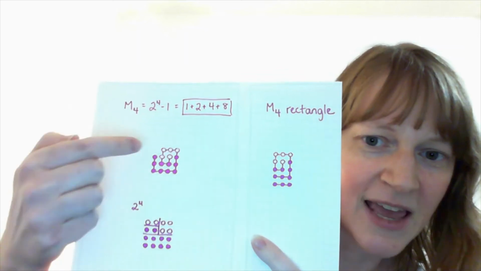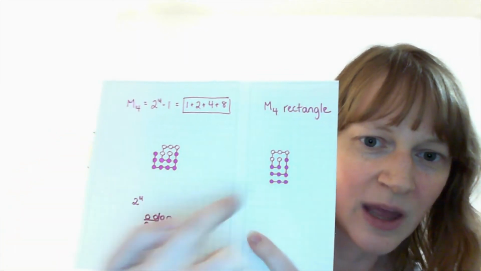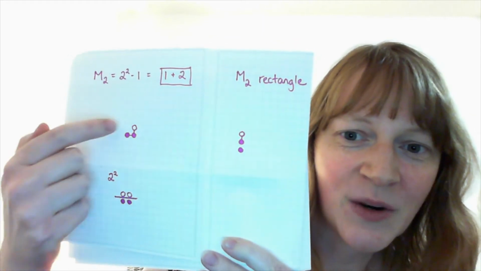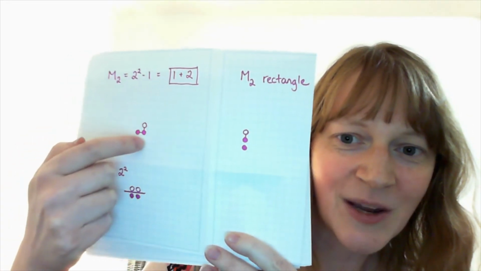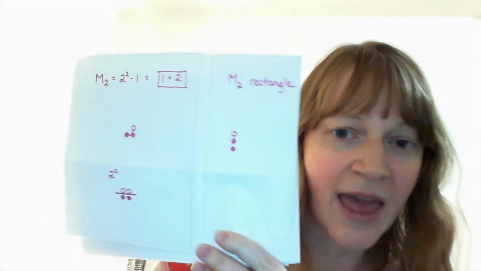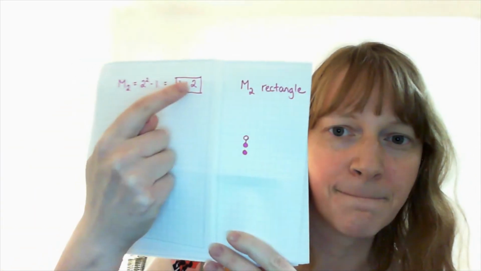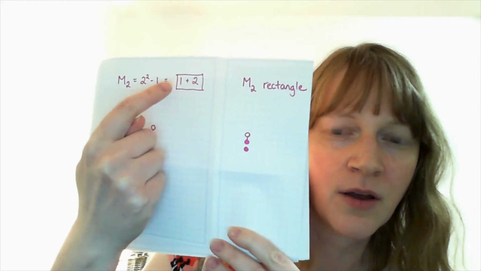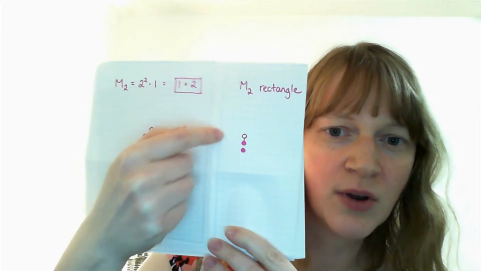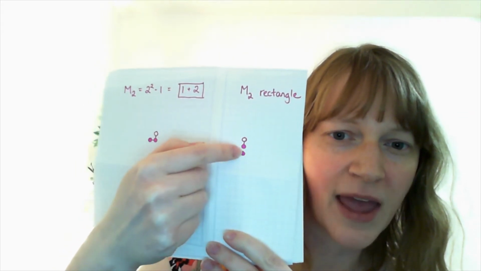Here's one where we've taken this chunk and we just paste it on the bottom. Here's the very first one where we take this little bit and we paste it on the bottom. Now when we show it this way, we realize the fact that M2 is 1 plus 2 is very nicely shown this way.